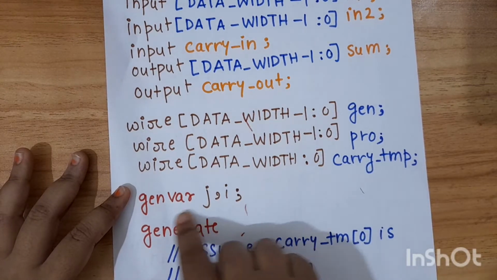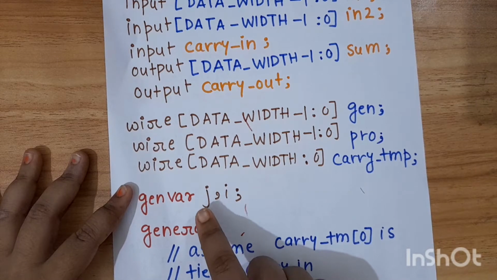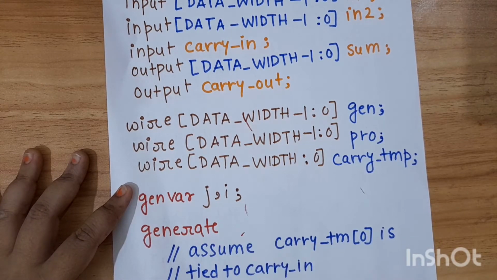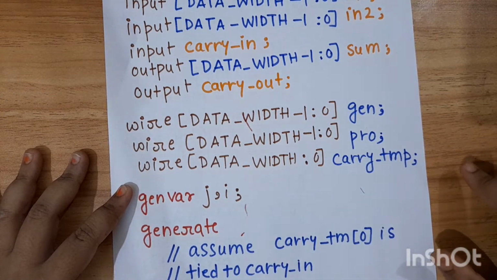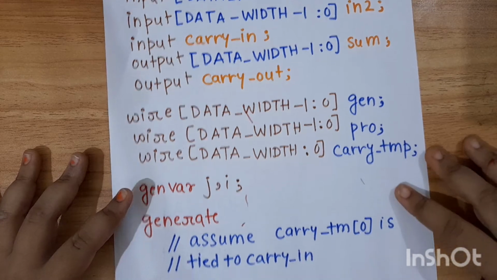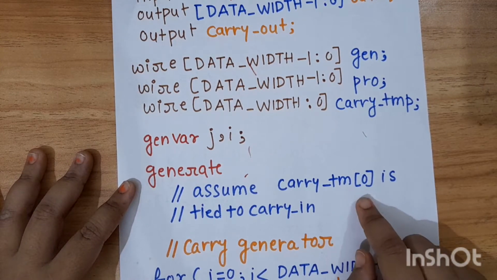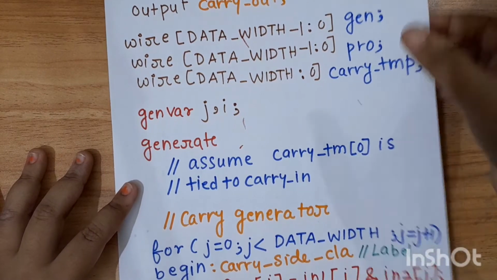Now we are going to use generate in the Verilog. In order to use the generate block, I am declaring two variables, j and i, as genvar. These two variables will be used for the loop inside the generate block. We assume that carry_temp[0] is tied to carry_in, which I just told.